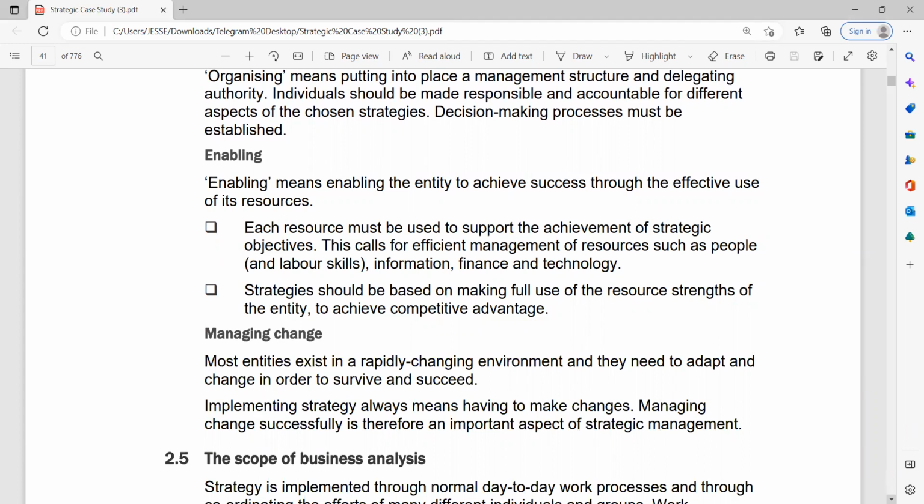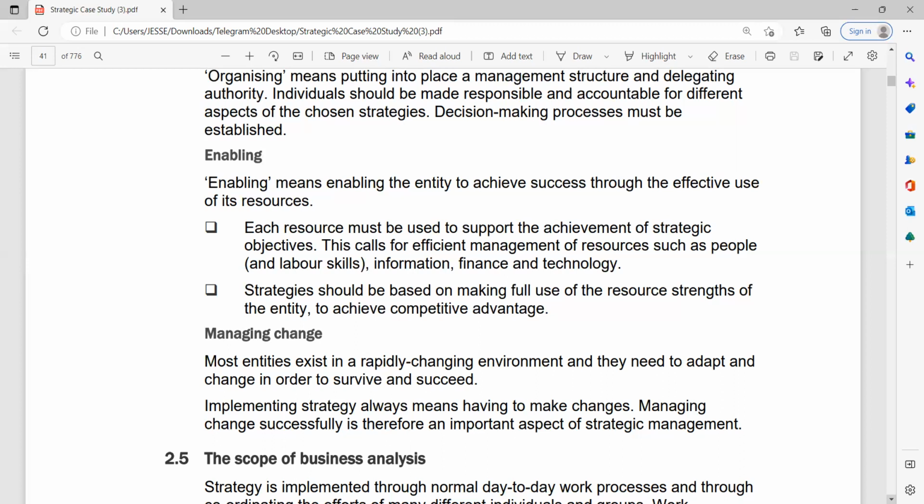When we talk about resources, there are different kinds of resources. Human beings, or employees, are resources. Information is a resource. Technology is a resource. All of these things help to contribute towards the achievement of goals or strategy. Then the last part is managing change.